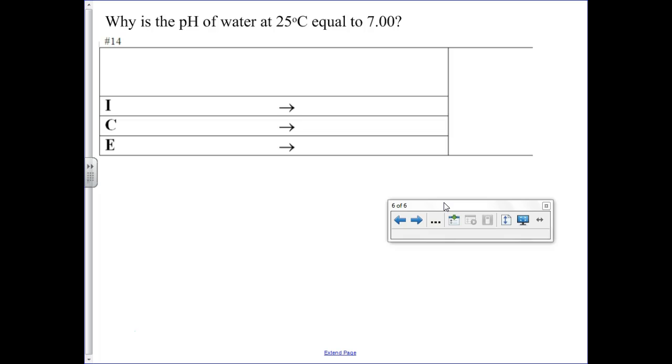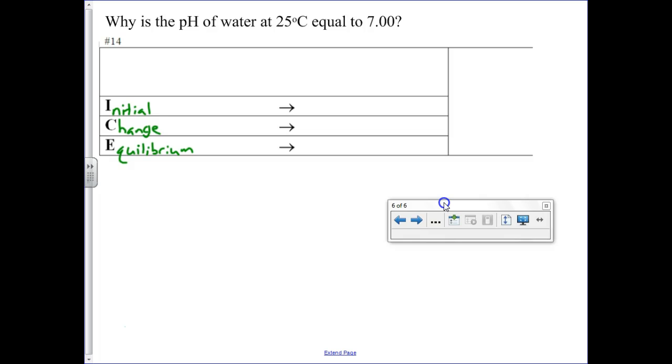I stands for initial. C stands for change. And E stands for equilibrium.